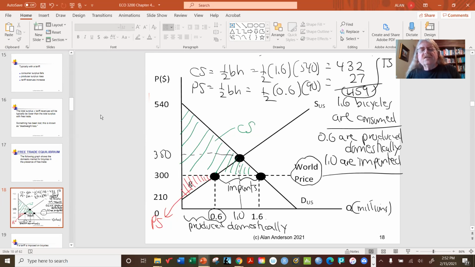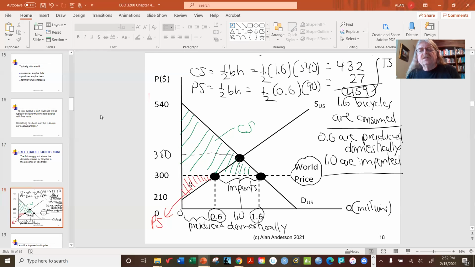There's no cost advantage to the consumer in buying foreign bicycles up to this point. But then after that, the domestic price continues to rise. And so now we're going to turn to the foreign market. At this low price of $300, we're going to buy 1.6 million bicycles.